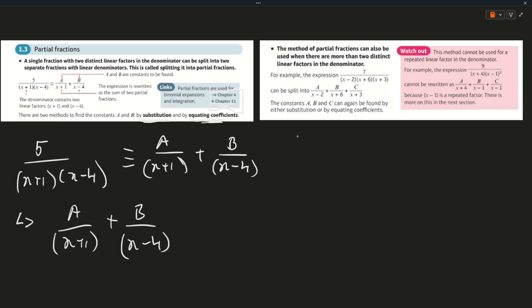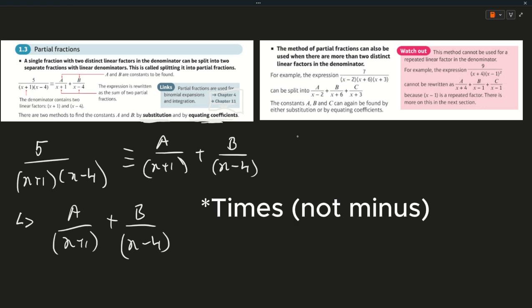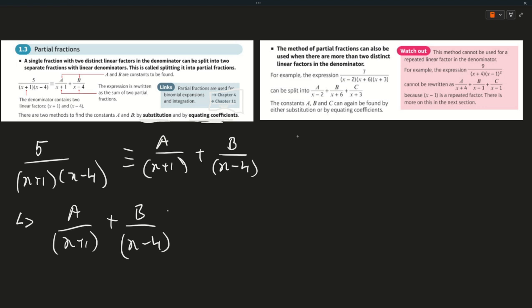This has x plus 1 and this has x minus 4, so we get the same denominator by having both be x plus 1 times x minus 4. In other words, we're multiplying this by x plus 1, top and bottom, and we're multiplying this by x minus 4, top and bottom.